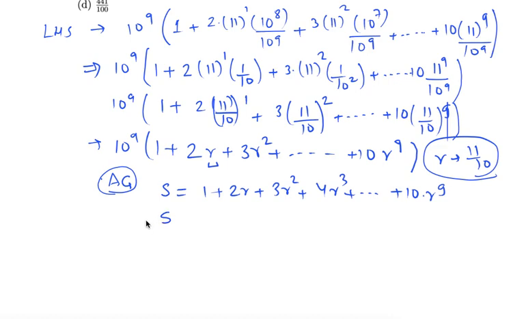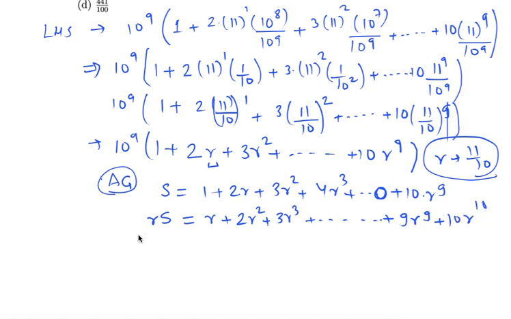Now write this again. This is a very general method and it's applicable for all of such kinds of questions, and multiply it with the ratio. So this becomes r plus 2r squared plus 3r cubed. This goes plus 9 into r to the power 9. So this is the previous term that is here. I multiplied it with r, and plus 10 into r to the power 10.